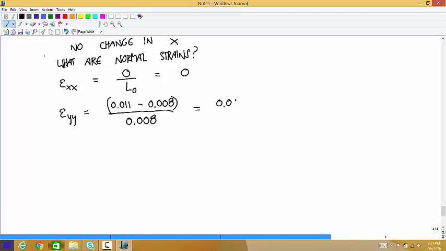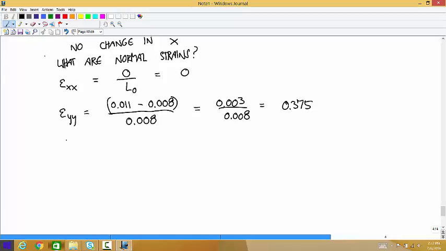So you get 0.003 over 0.008, which is 0.375. Is that a realistic strain for us? No, it's way too big. For any realistic problems that we do using these methods, this number has to be something times 10 to the minus 4 or smaller.